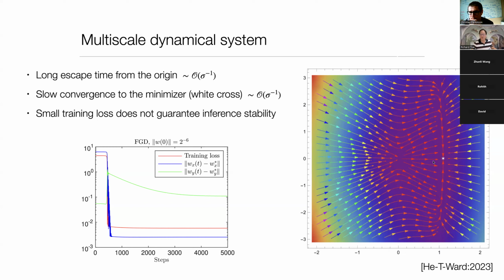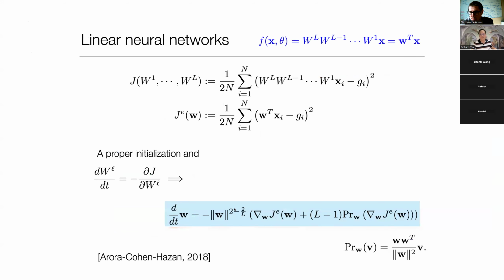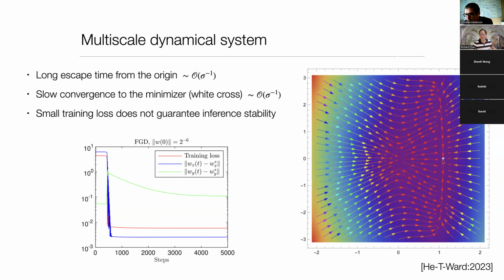This is the phase plot, the phase diagram, of this ODE. The white star over here is the theoretical unique minimum.